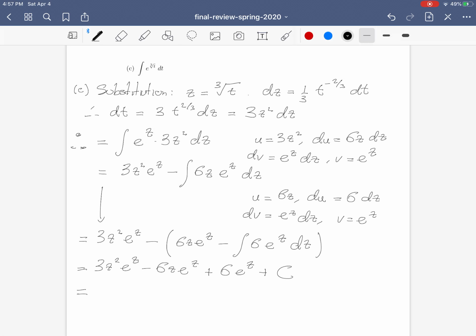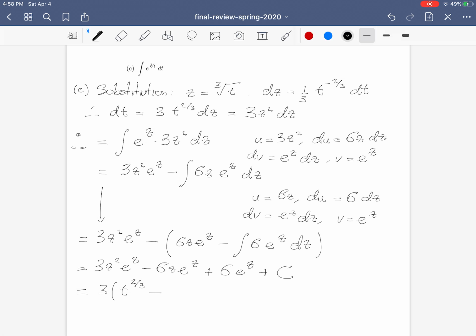Okay, so the final thing we need to do here is just substitute z for t. So let's go ahead and do that. I'm going to factorize out a factor of 3 here as well. And I'll also factor out the e to the z as well. So the first term we have now is z squared. Because z is the cube root of t, this is t to the 2/3.